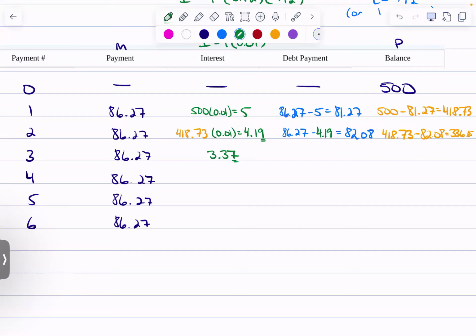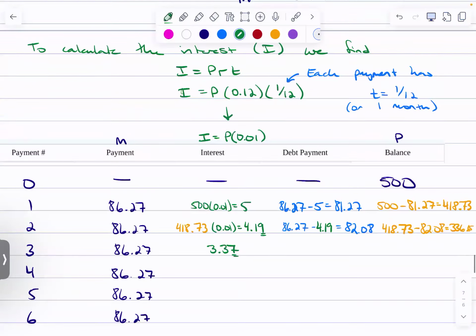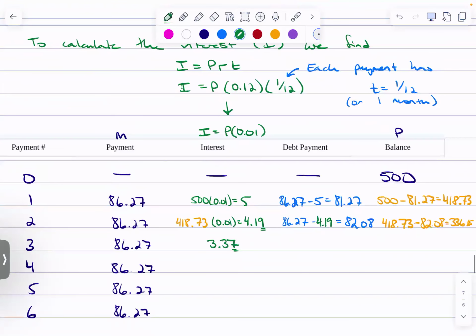I will make a note here: make sure you round to 2 decimal places properly, since it's still money.